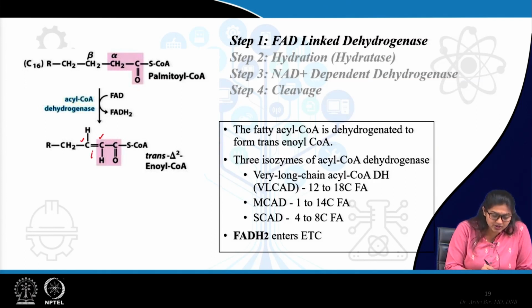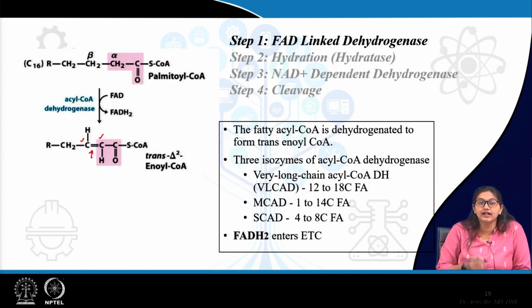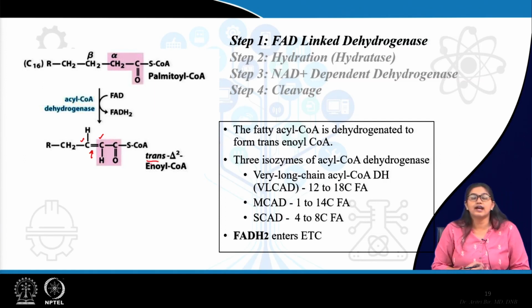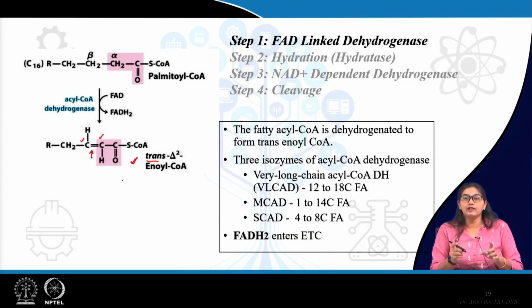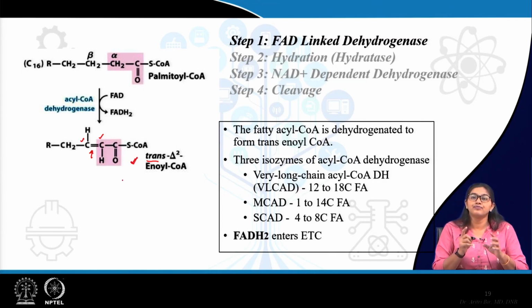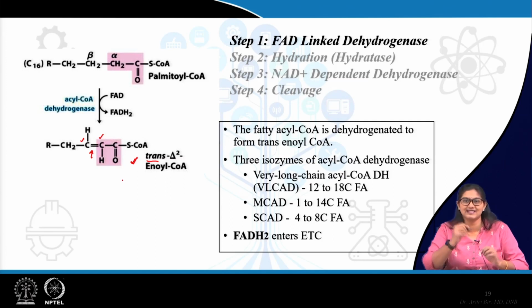So, there is introduction of one double bond, and remember this double bond is of the trans variety. So, there is production of trans delta 2 enoyl coenzyme A. The product has a trans bond. Remember, all the fatty acids, the endogenous fatty acids or dietary fatty acids, are mostly cis configuration, but this product is trans configuration, and that has some importance, we will discuss later.